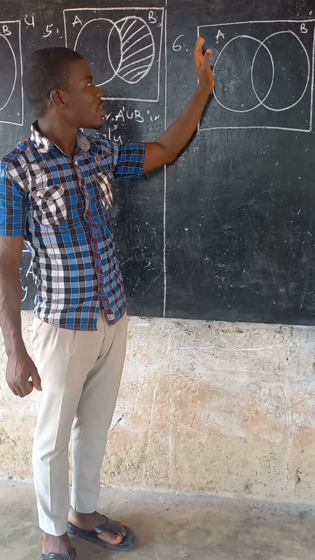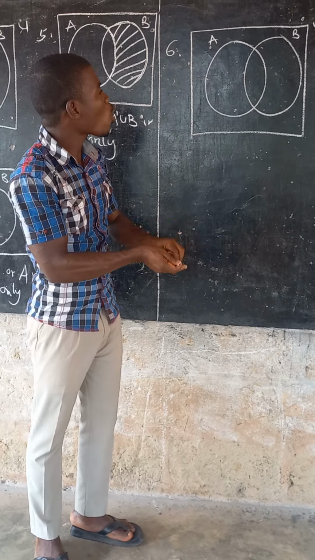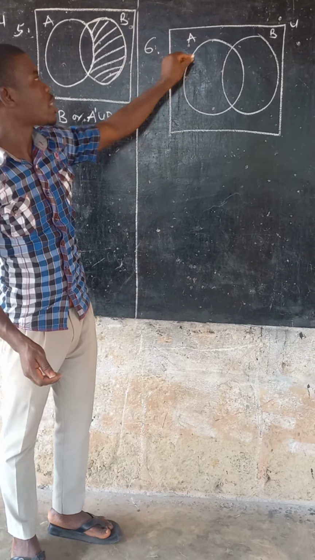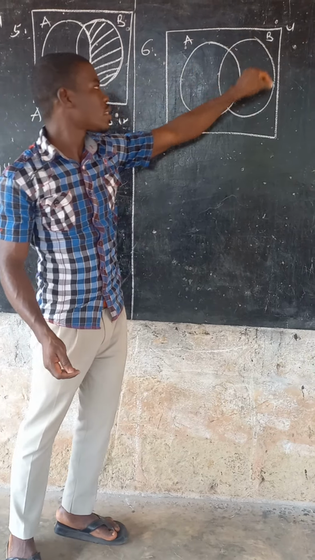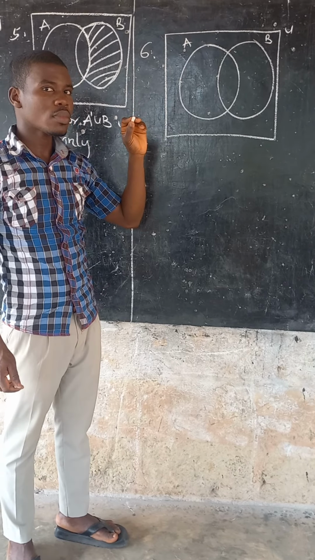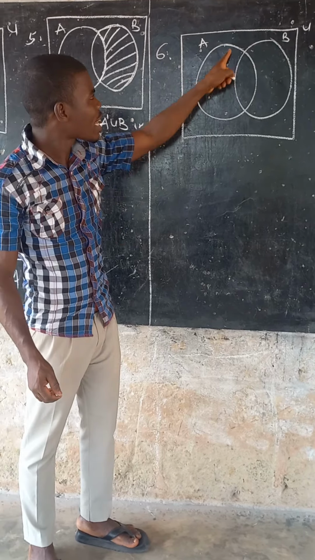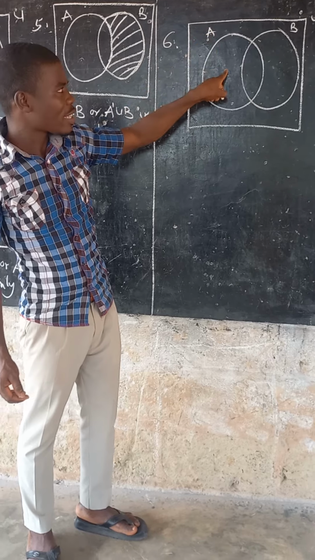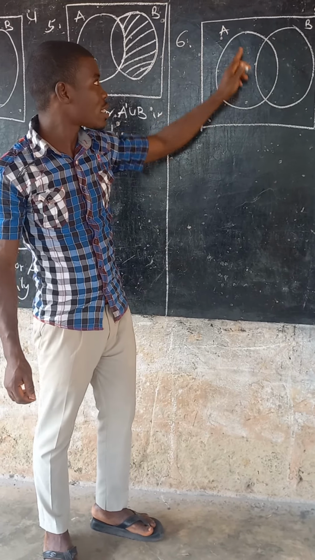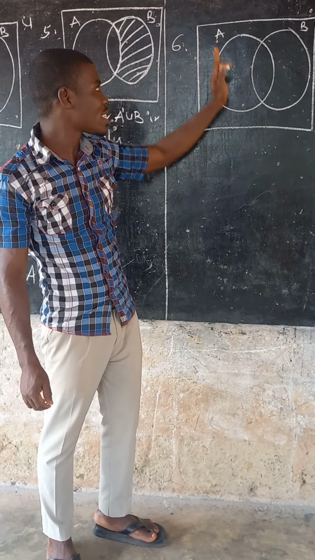Now let's look at something. The whole of this represents A. The whole of this represents B. When you take this part, it is A only.